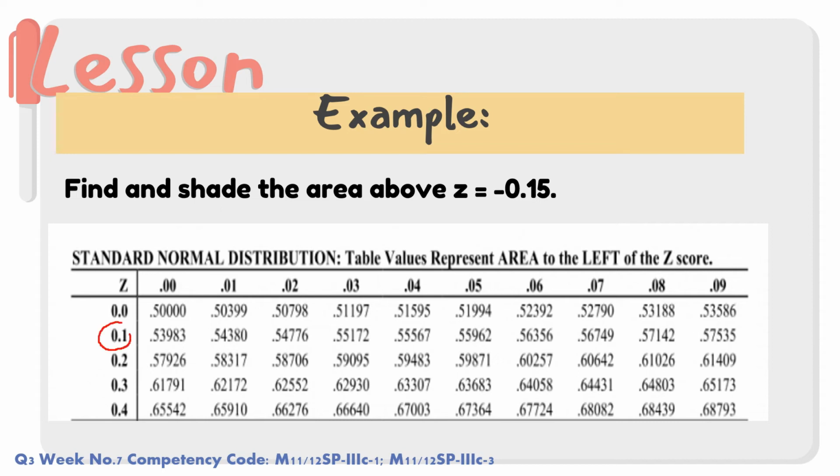This is 0.1. Then the third digit, which is 5. Therefore, you're going to locate the 0.05. Then the intersection is 0.5596. Okay, this is the required area.